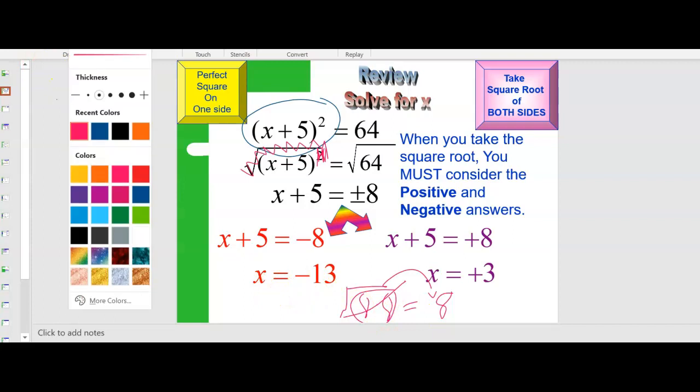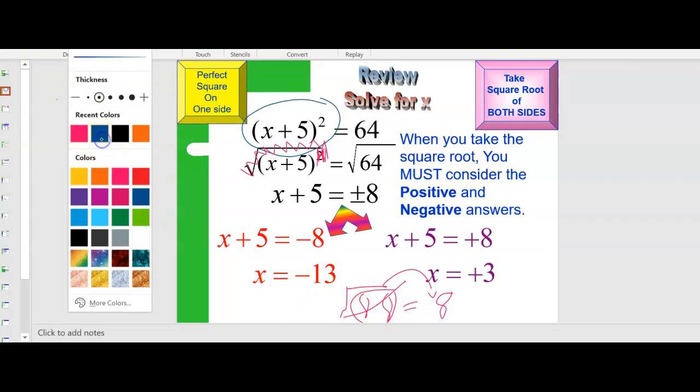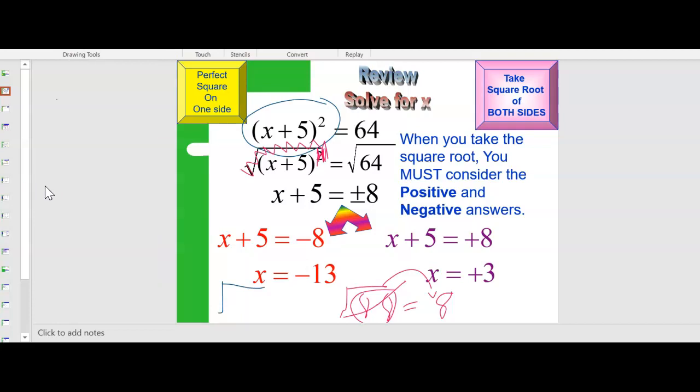we also know what times what gives you 64, or square root, negative 8. Let me write it down. Negative 8 times negative 8 also gives you positive 64.